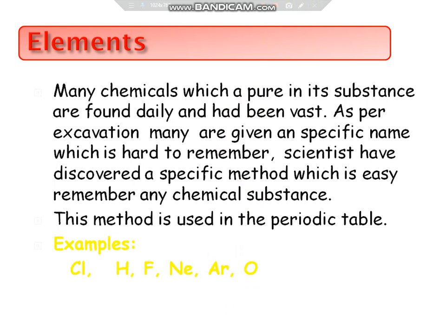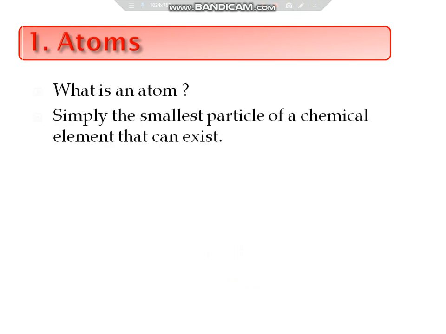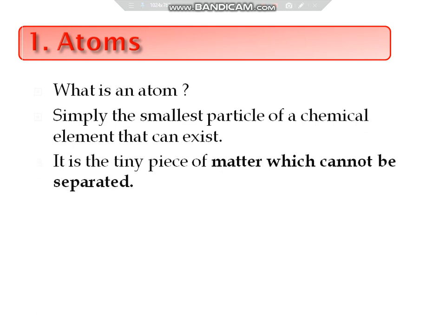So let's revise what we did today. What is an atom? Let's go to our earlier slides. What is an atom? Simply the smallest particle of a chemical substance that can exist.